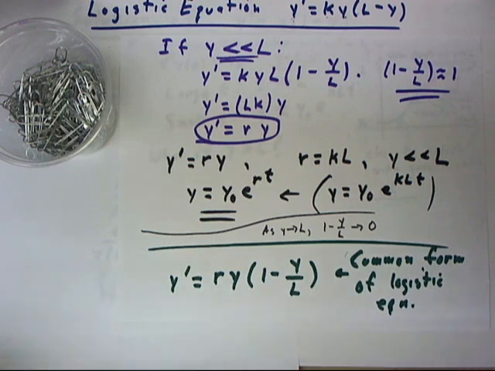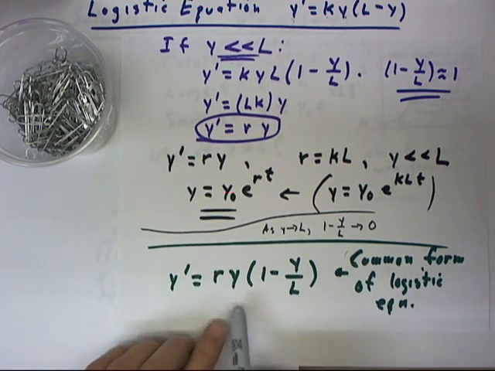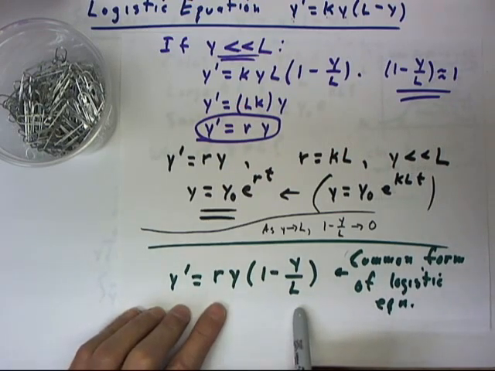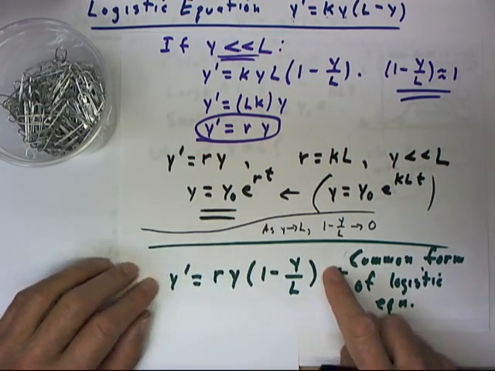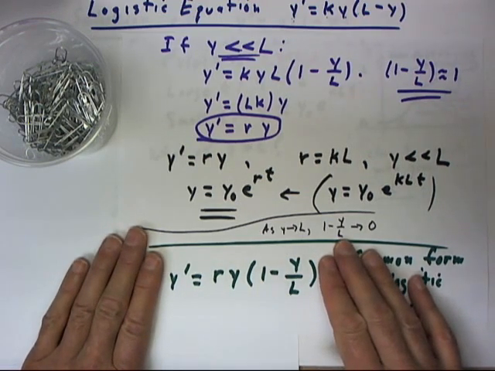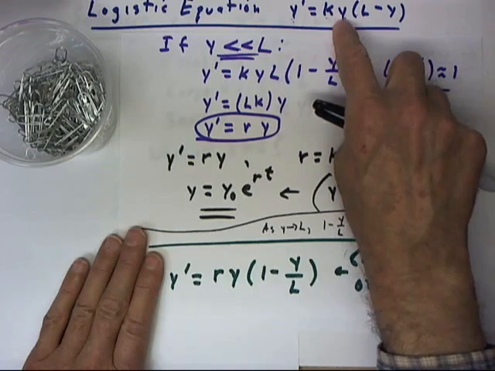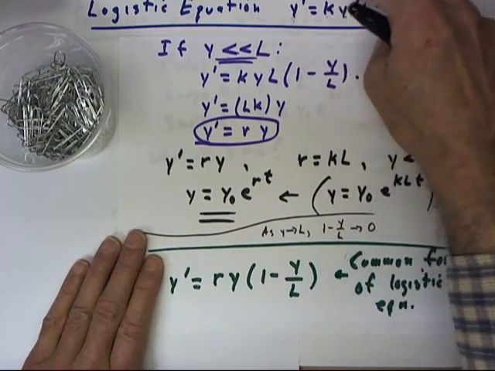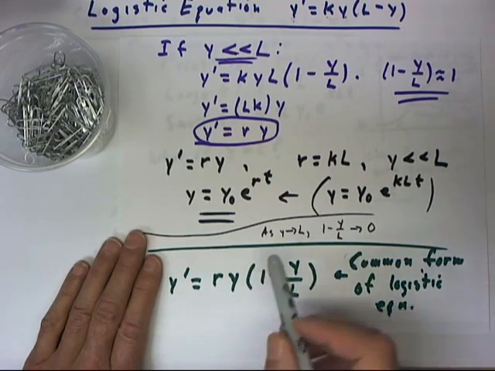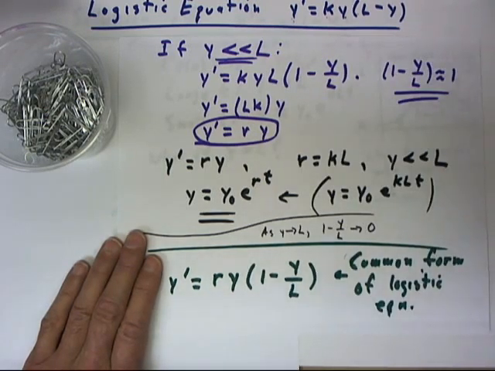And if we choose our constants and our integration constants correctly, we're going to get exactly the same results we did. The steps of solving this problem are exactly parallel to the steps that we used in solving the problem with the form y prime equals ky times (L minus y). We could even multiply through by L over L and get this into the form y prime equals ky times (L minus y).